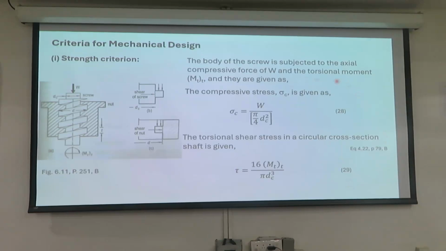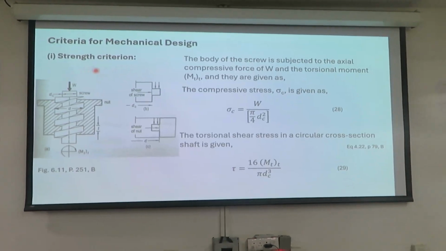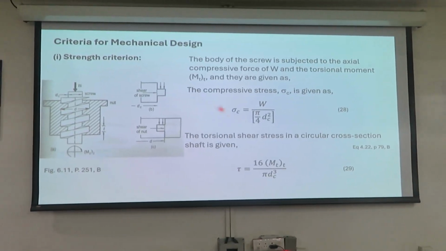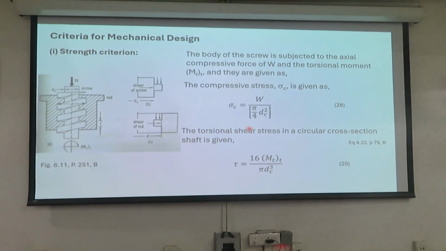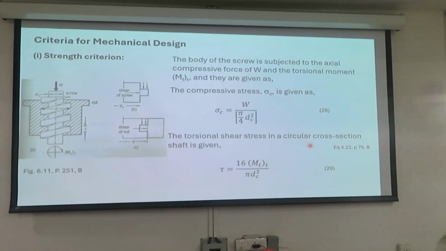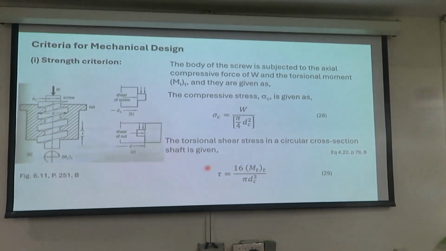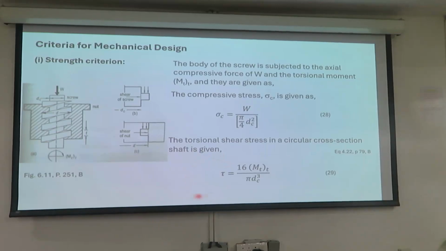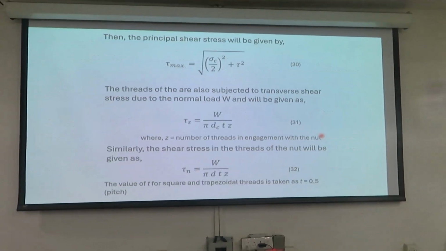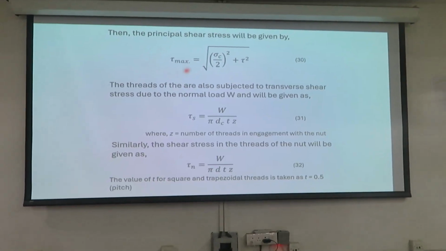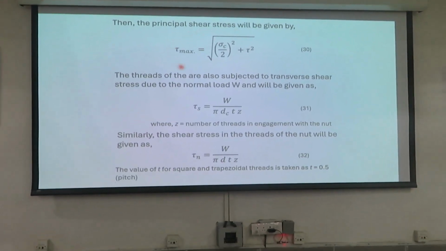Now criteria for mechanical design. So first is the strength criteria. In that case you calculate the compressive stress, and the torsional shear stress in the circular cross section, the shear stress because of the torque. Combining them together, you can find out the maximum shear stress by this equation.